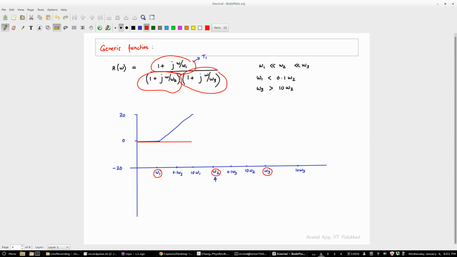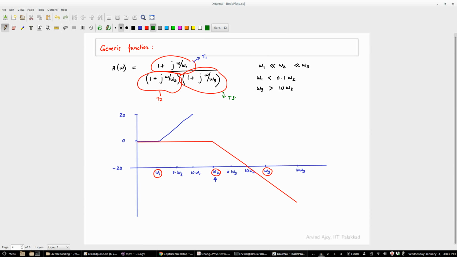Okay, let's take T2, which is omega 2. Let me draw that in red. So how will that be? That's also going to add 0 dB, therefore be at 0 dB all the way until omega 2, and then it will drop off at 20 dB per decade.